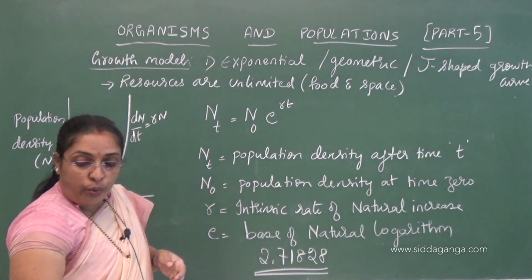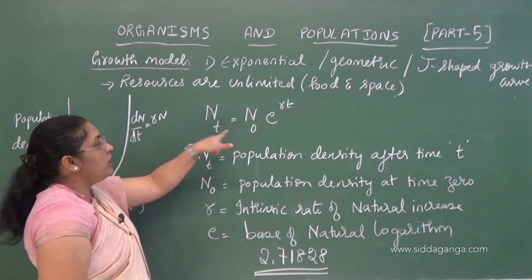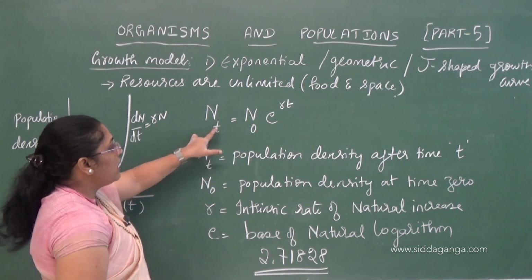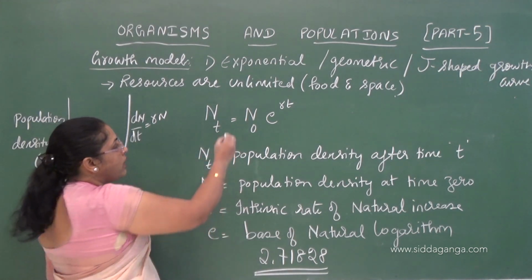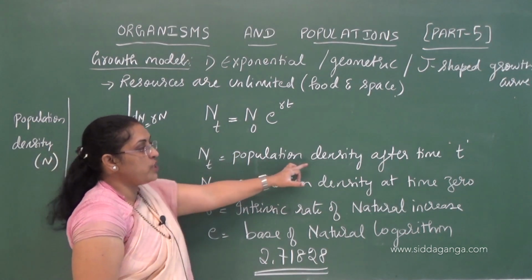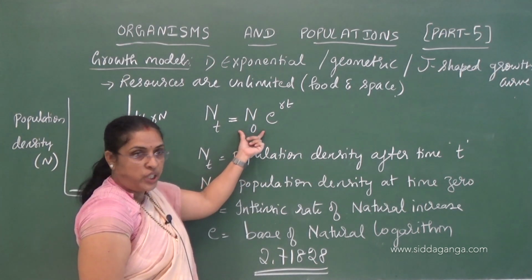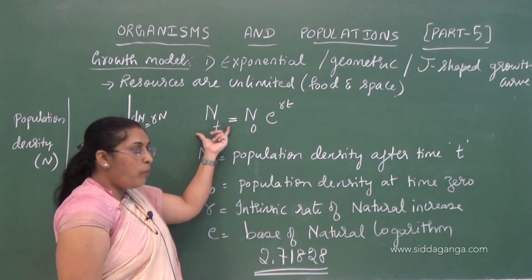So if you know basic calculus, we can derive this equation in integral form, that is Nt equals N naught e^(rt). Here Nt represents population density after time t. This is the initial population, it is the final population.